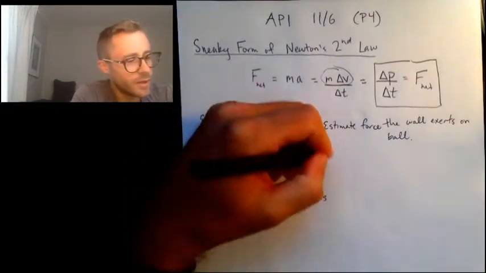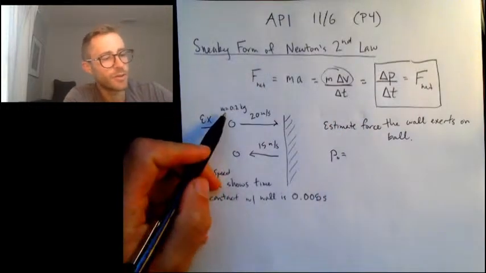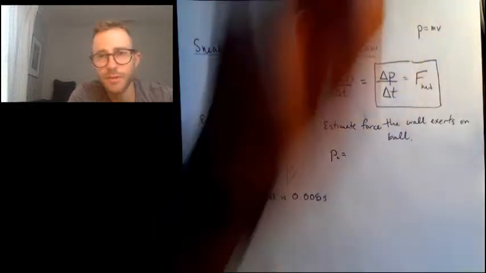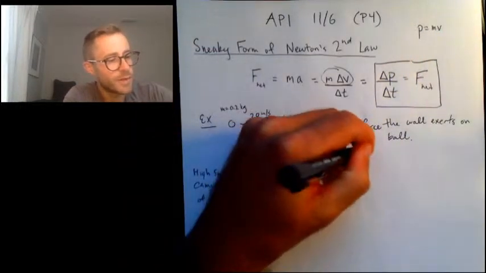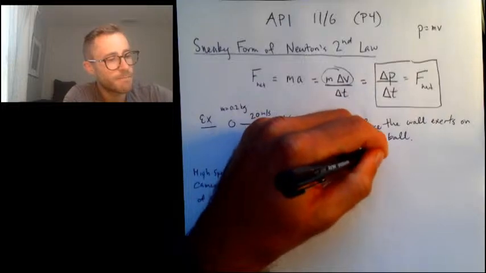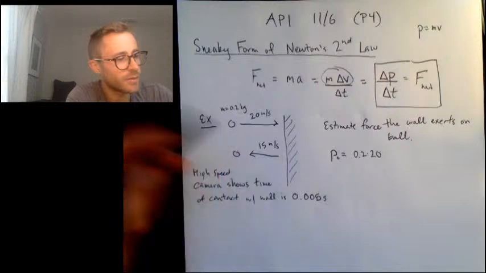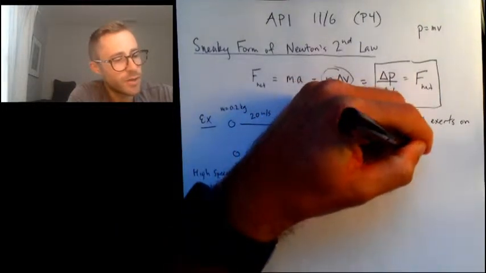We find the initial momentum. The initial momentum, recall the formula for momentum is mass times velocity. So the initial momentum is going to be 0.2 times 20. Okay, which is what? 4 kilogram meters per second.